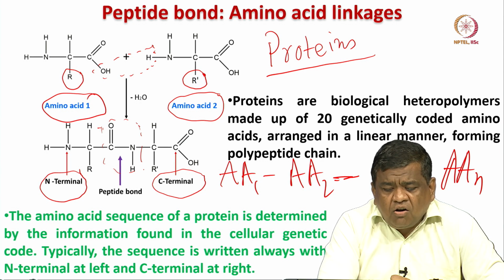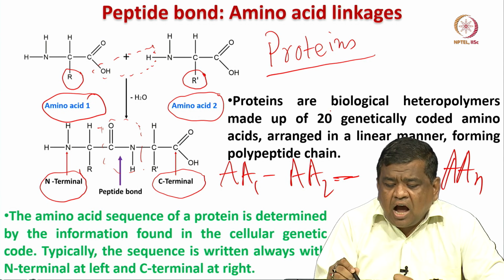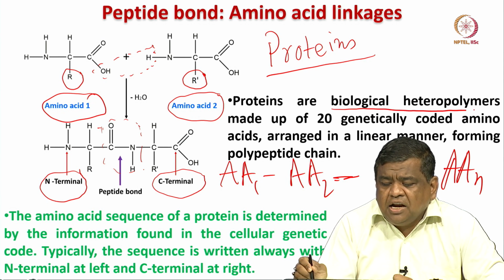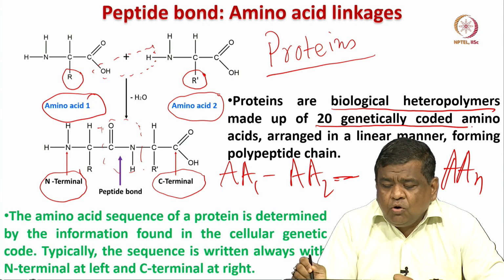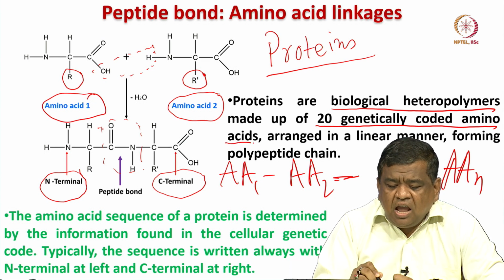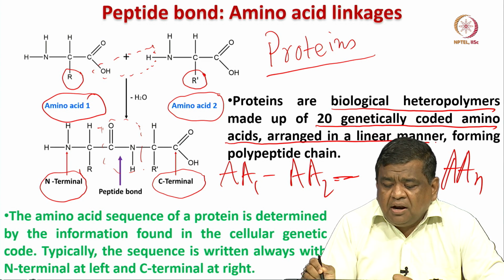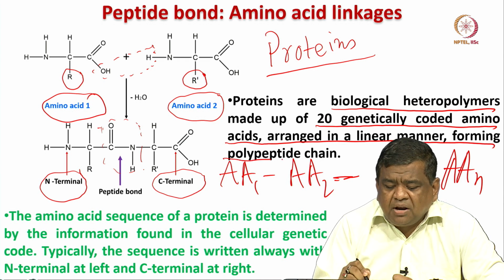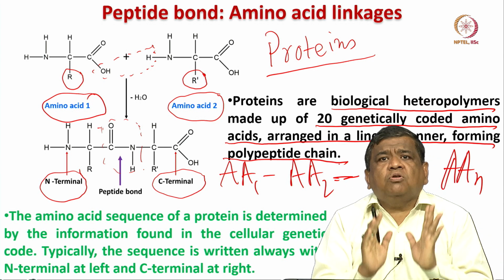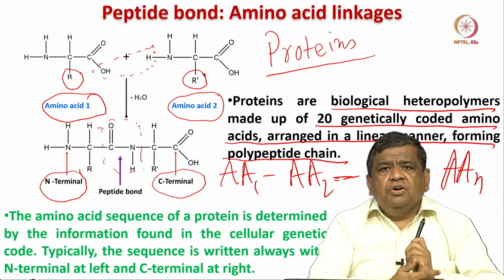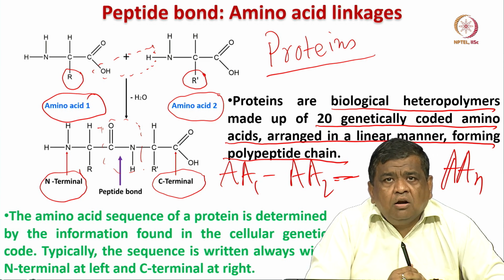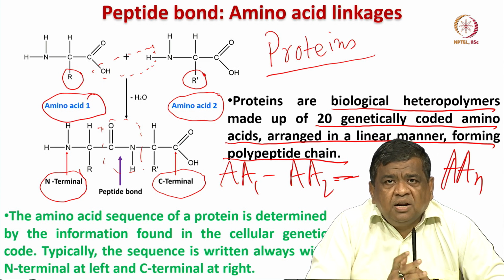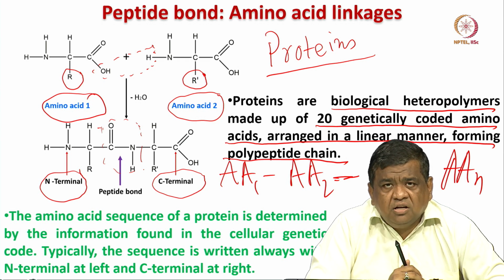In the biological context, proteins are defined as biological heteropolymers made up of 20 genetically coded amino acids arranged in a linear manner forming a polypeptide chain. This is a textbook definition which essentially needs to be followed. You cannot make your own definition as far as some of the key terms are concerned.